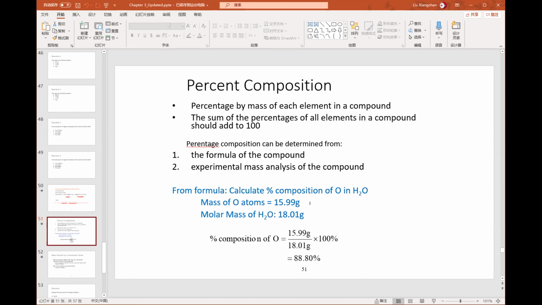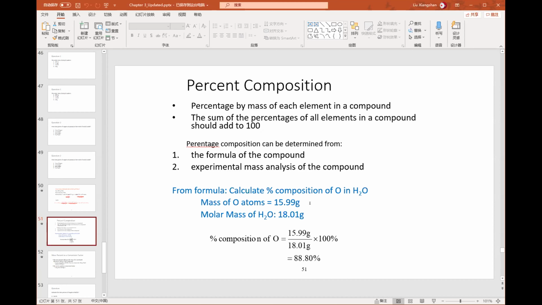So how to do that from the formula? For example, calculate the percentage composition of the oxygen in hydrogen oxide. First, we should know the mass of the oxygen atom, which is 15.99 gram. And then we know the molar mass of the hydrogen oxide, which is 18.01 gram.